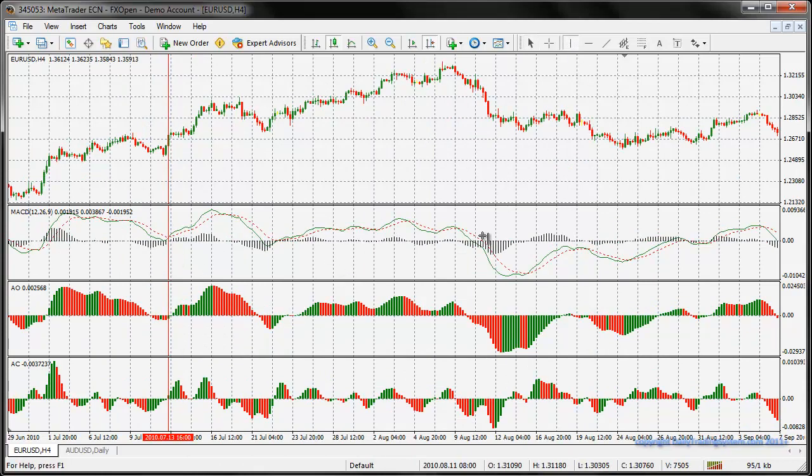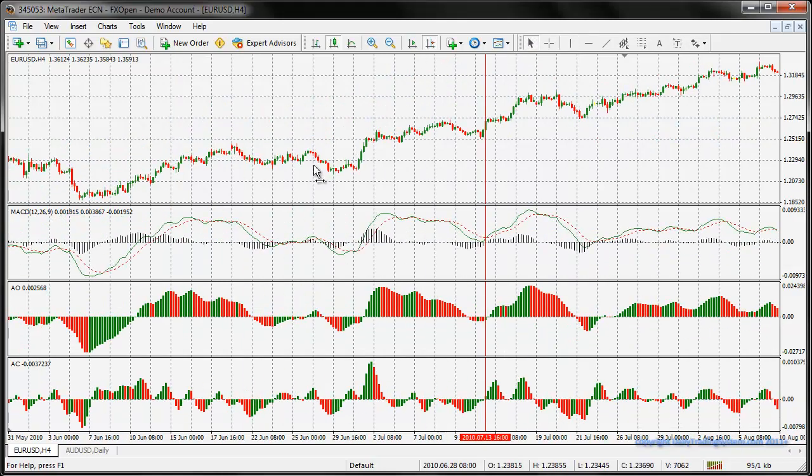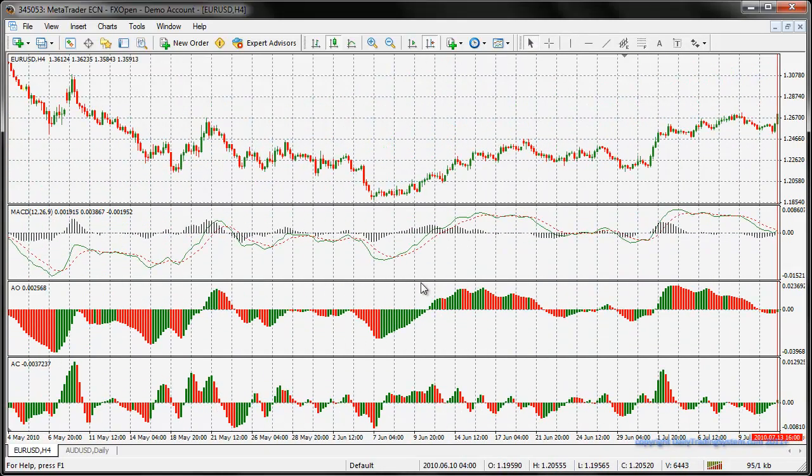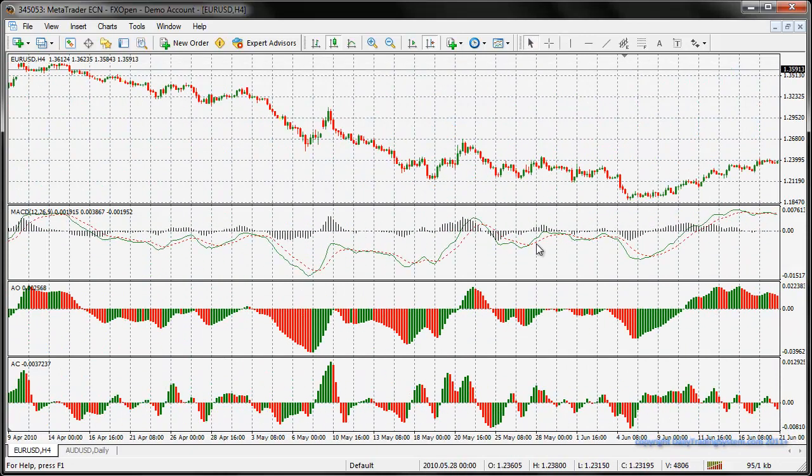Let me see if we can find some other areas where this may have continued to keep going up. There are very few around, and we may have to go down to a smaller time frame to see if it's more suitable on smaller time frames. But here's an area right here, right at the beginning of this histogram, so that's good.